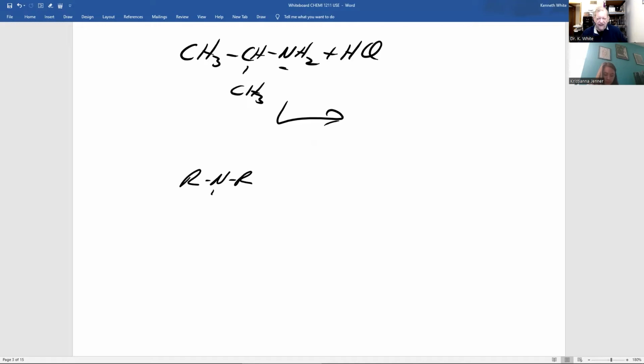Any amine, and I'm doing that as soon as I see the acid, HCl, where R prime and R double prime can be hydrogen. In our case, they are.